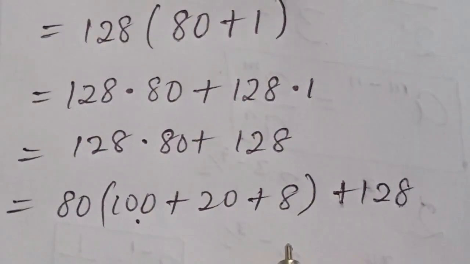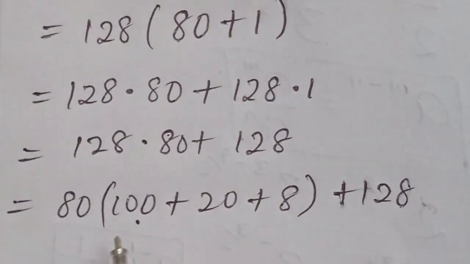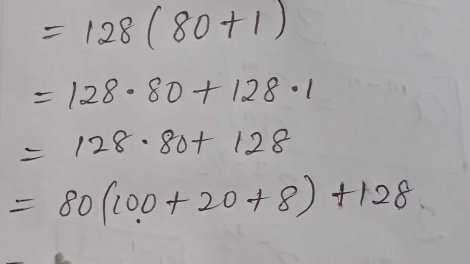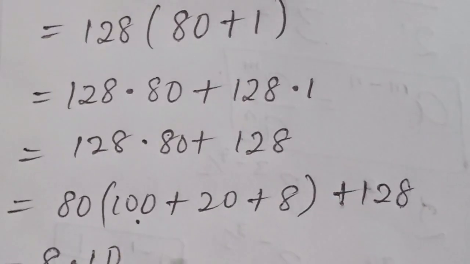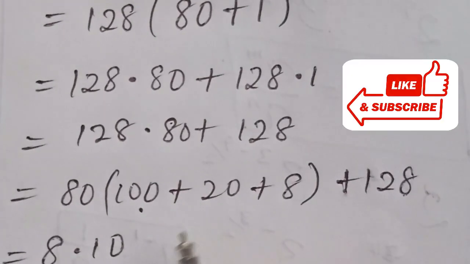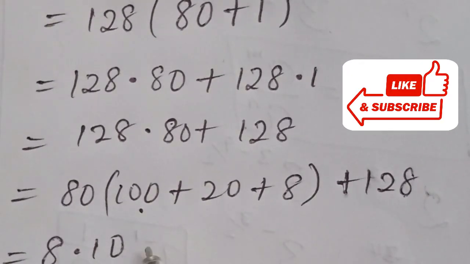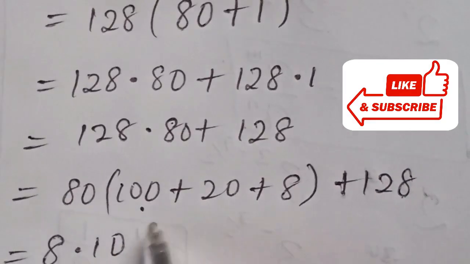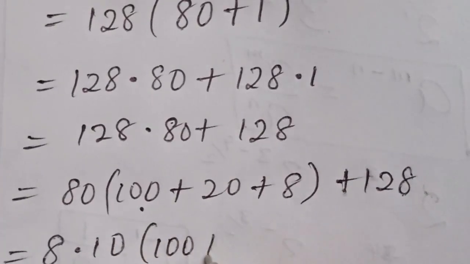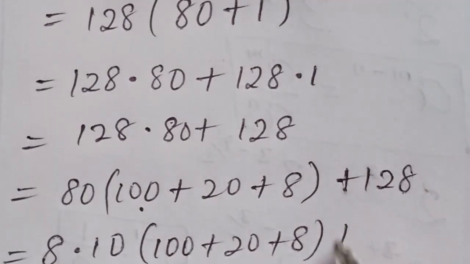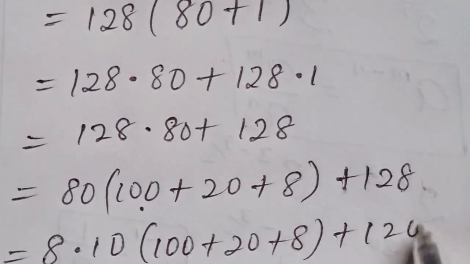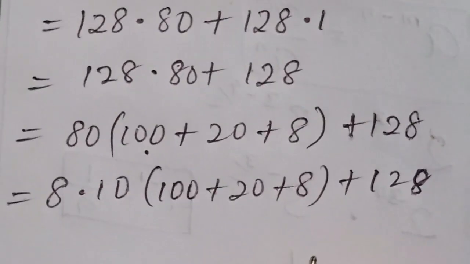From here, 80 can be written as 8 multiplied by 10. So we can multiply this 8 with what we have in the bracket: 100 plus 20 plus 8, then plus 128.